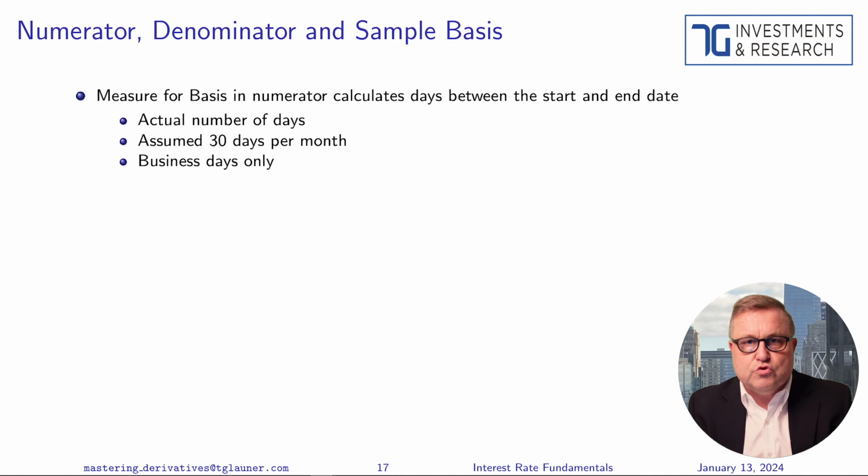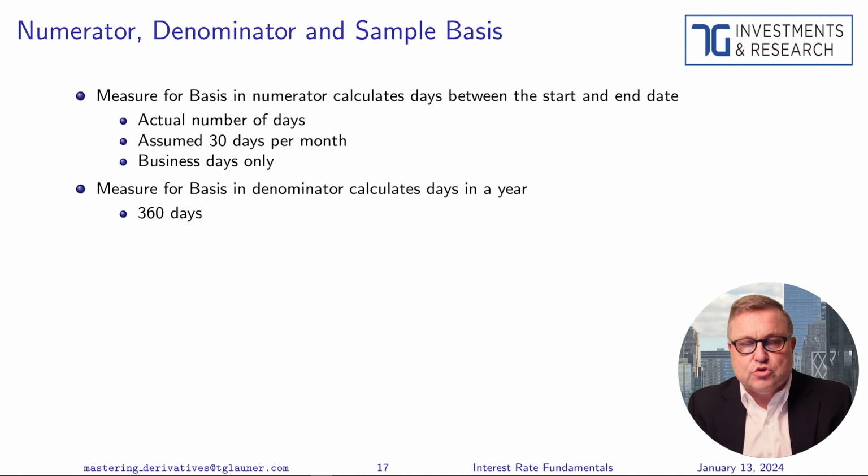Naturally, your choice of numerator affects your choice of denominator. The basis used must be consistent between them. For instance, if you're using only business days as your numerator, you can't divide by 360 because it wouldn't reflect actual business days.